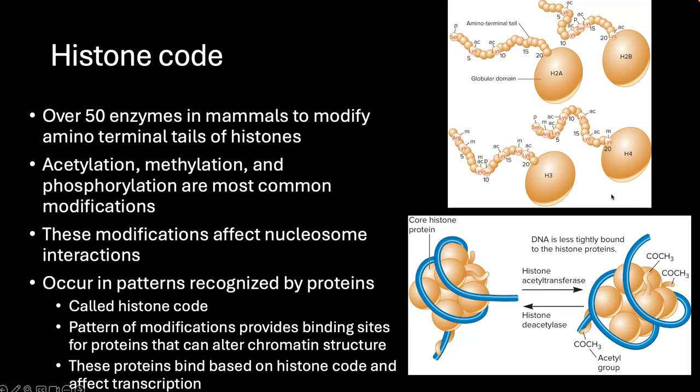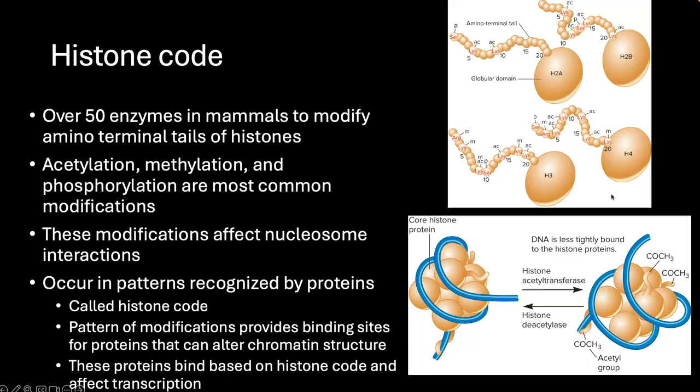Histones can also be modified in a variety of ways, especially on their amino terminal tails. Common modifications include acetylation, methylation, and phosphorylation. All of these affect how nucleosomes interact with each other or with the DNA.